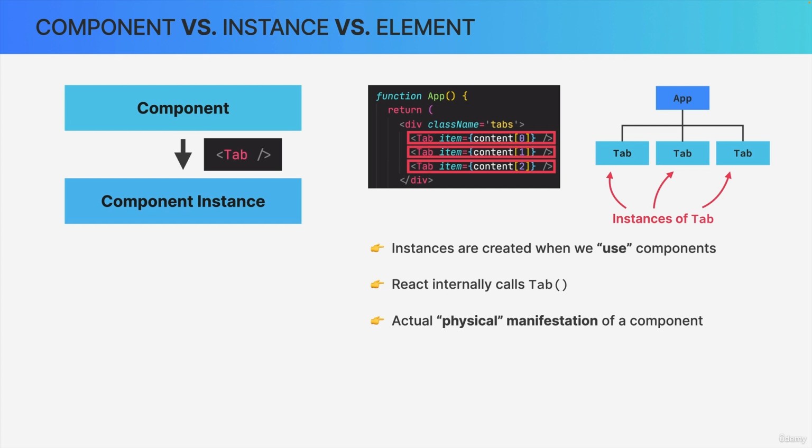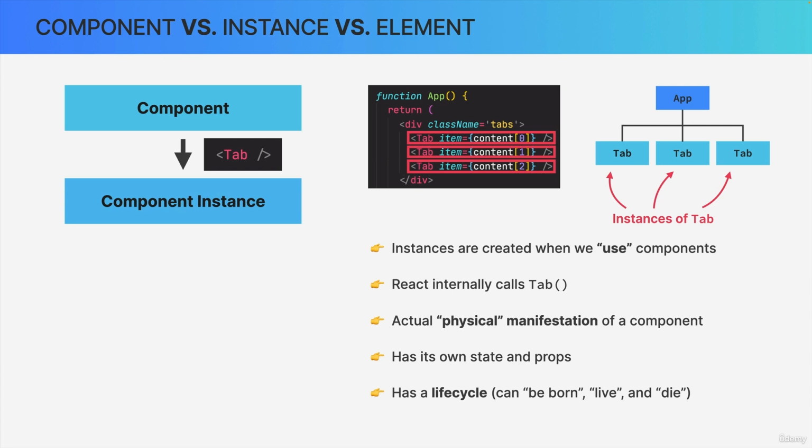And actually, it's each instance that holds its own state and props, and that also has its own life cycle. So basically, a component instance can be born, it can live for some time, until it will eventually die. So it's a bit like a living organism, really. Now, in practice, we many times just use the terms component and component instance interchangeably.